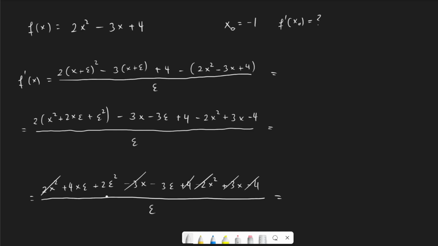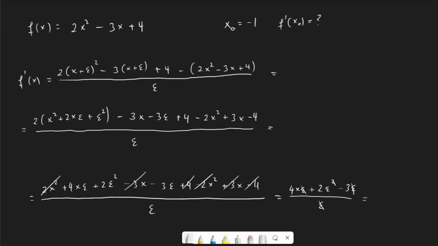So what we will have is 4x epsilon plus 2 epsilon squared minus 3 epsilon, and this is divided by epsilon. And we will do the division, so we can simplify by epsilon.